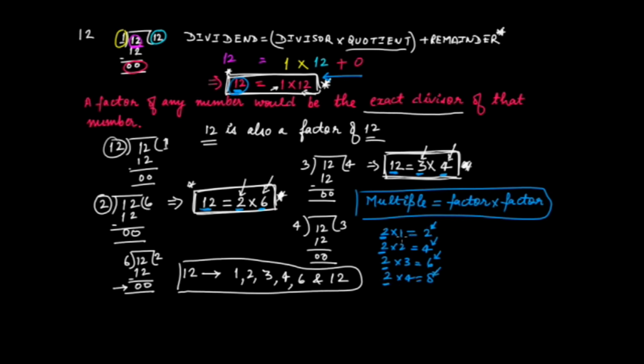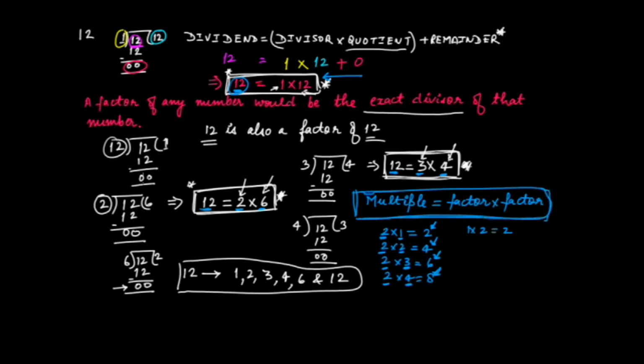Similarly, 2 is a multiple of 1, right? Because you can write it like this, 1 multiplied by 2 is 2, right? 4 is a multiple of 2, 6 is a multiple of 3, 8 is a multiple of 4. So a multiple is equal to factor multiplied by factor, factor times factor.